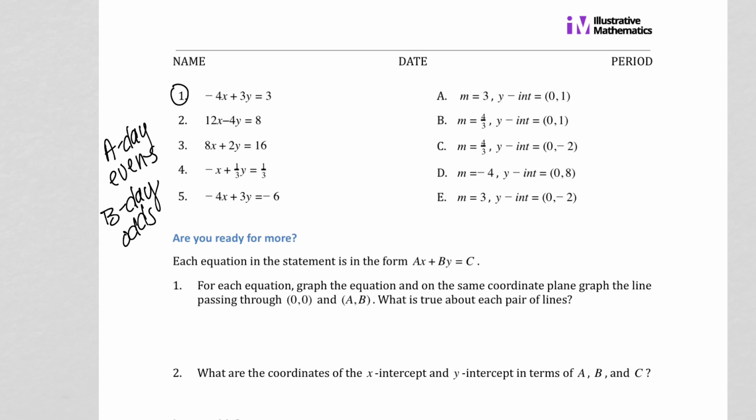So first thing I'm going to do is put my equation in slope-intercept form. I'm going to put a reminder up here that it's y equals mx plus b. So I want to isolate my y. I'm going to rewrite this over here: negative 4x plus 3y equals 3. If you need to draw your line, draw your line. We're going to add 4x to both sides.